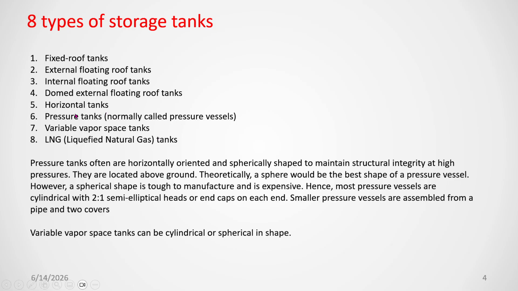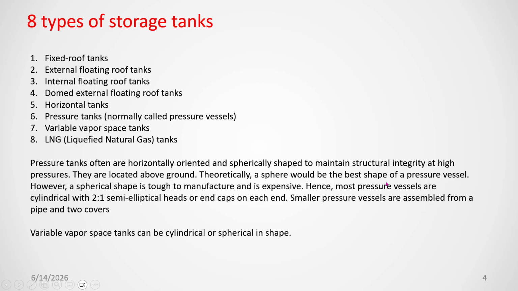And horizontal tanks are also available. Pressure tanks are normally called pressure vessels. Variable vapor pressure tanks: the pressure is varying inside the storage tank, so it is called a variable vapor pressure tank. LNG tank, that is liquefied natural gas, for that also a special type of tank is being used.